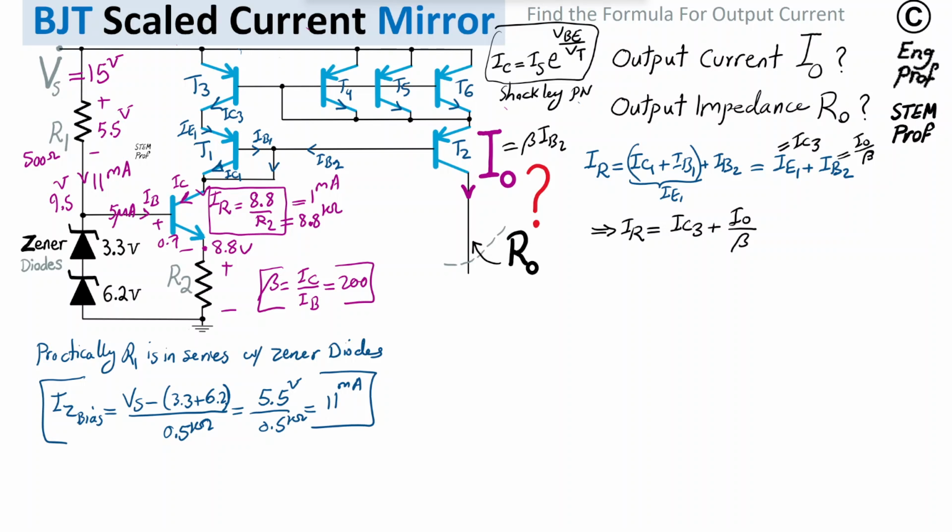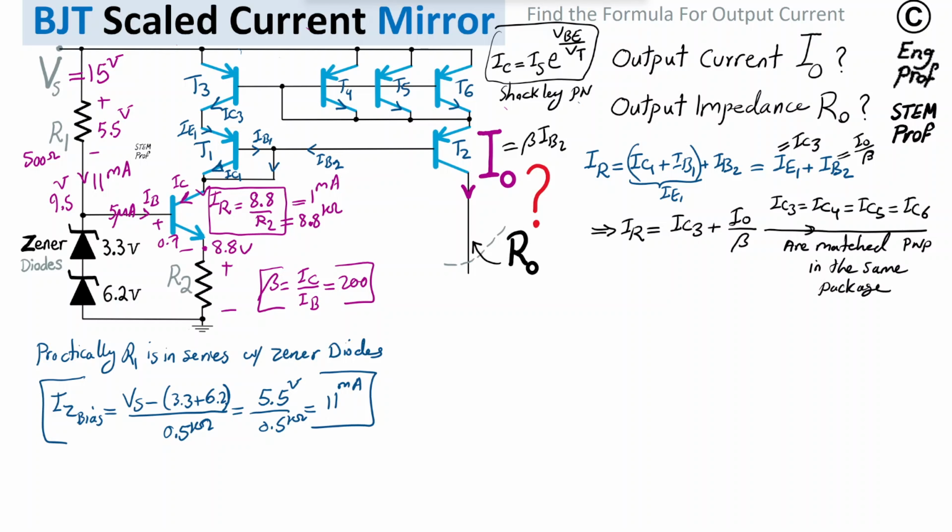We know IC3 equals IC4 equals IC5 equals IC6, because these four transistors are matched PNP transistors in the same package, an integrated circuit, basically.